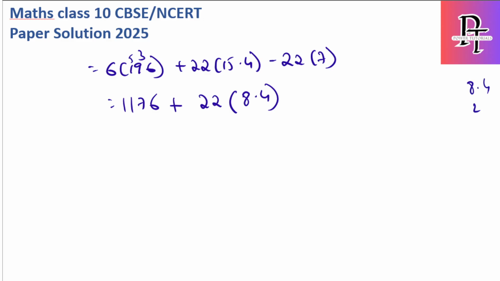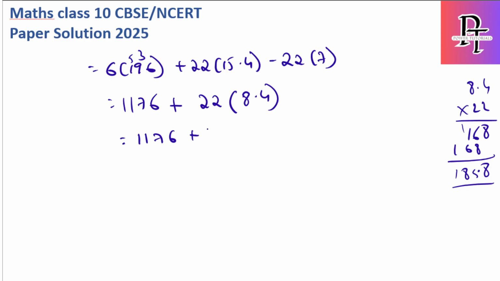So 8.4 into 22 is 184.8. Adding 1176 plus 184.8 gives 1360.8, which is the remaining surface area.